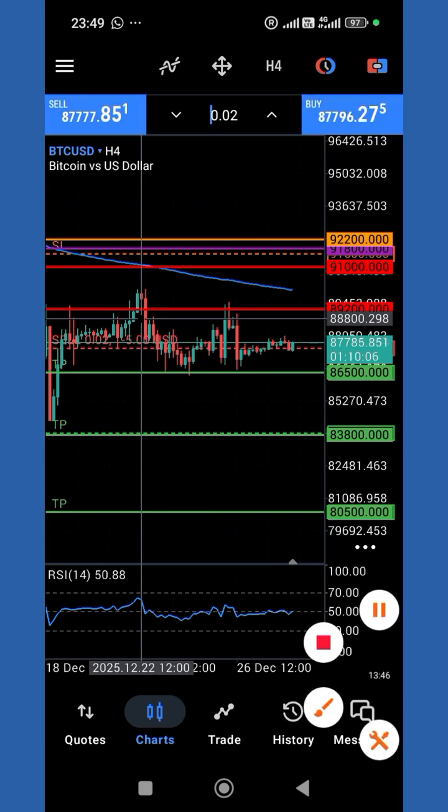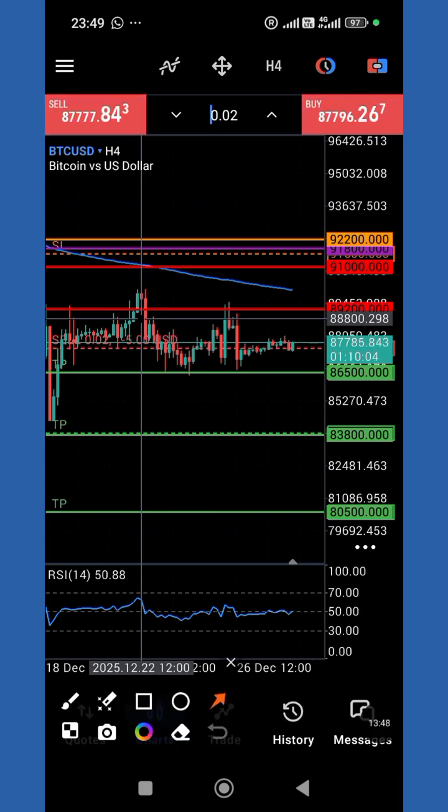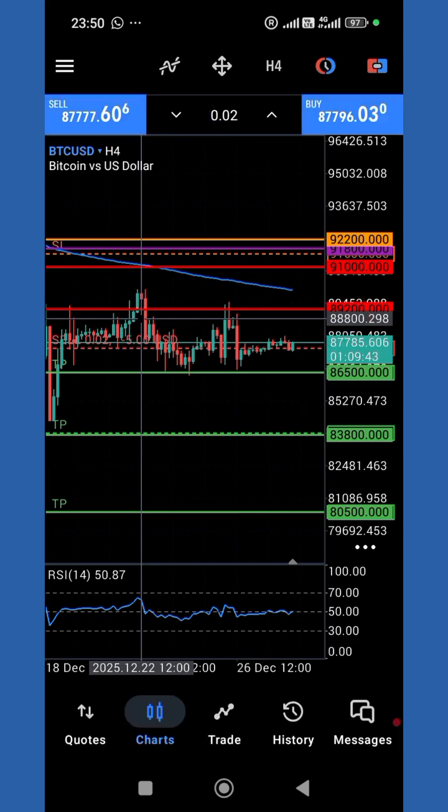That is where, yes, look at this, my crosshair right there. Can you see that? This right there is where my entry is. That is where I should have entered. You can see it's a little far from where I just entered now. So that is the main entry zone.